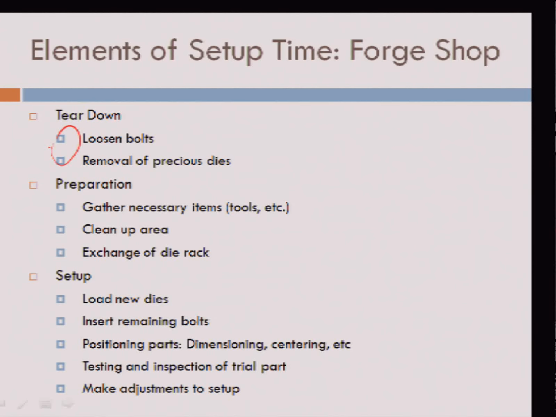Like loosening bolts, removal of the previous die, then how do you prepare for the new setup? So you gather the items, you clean the area, you clean the table, you exchange the die racks. The die rack for the previous die gets pushed back, and the die rack for the next die is brought in, and then actually you start the setup for the next order. So you load the new dies, you insert the bolts, and then you make adjustments.